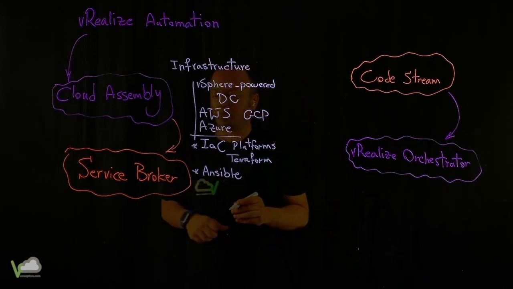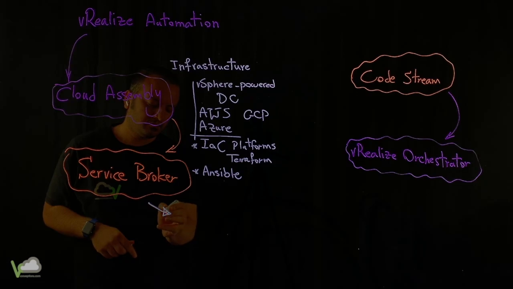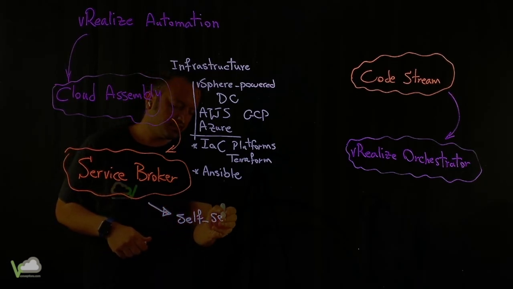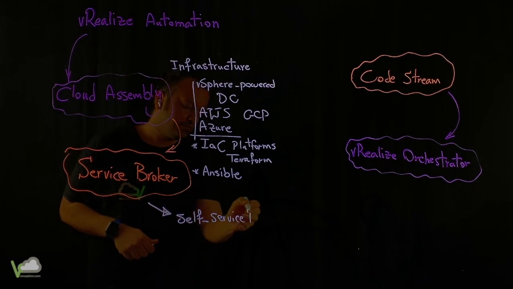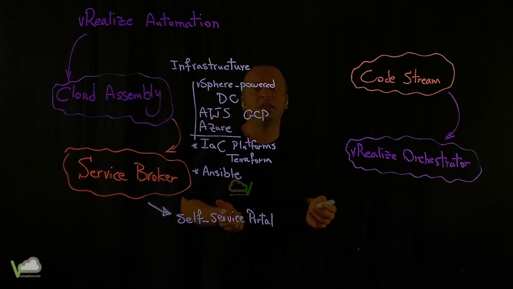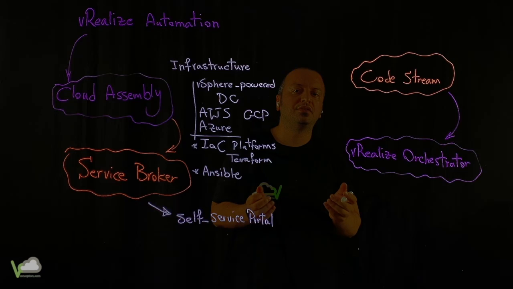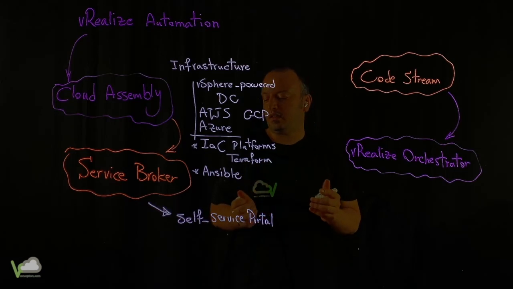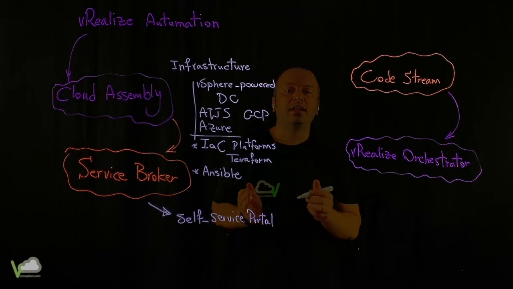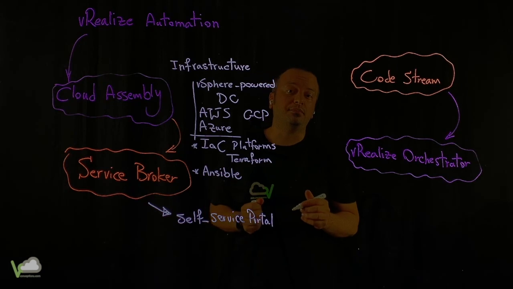Here, Service Broker is a self-service portal. What does it mean? It means that when you give your users entitlements, you're giving them through a self-service portal, and that self-service portal is Service Broker.